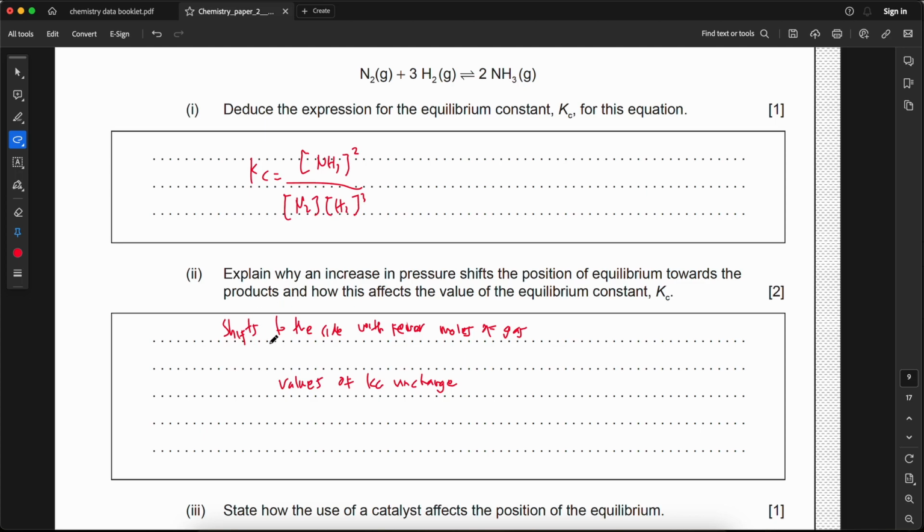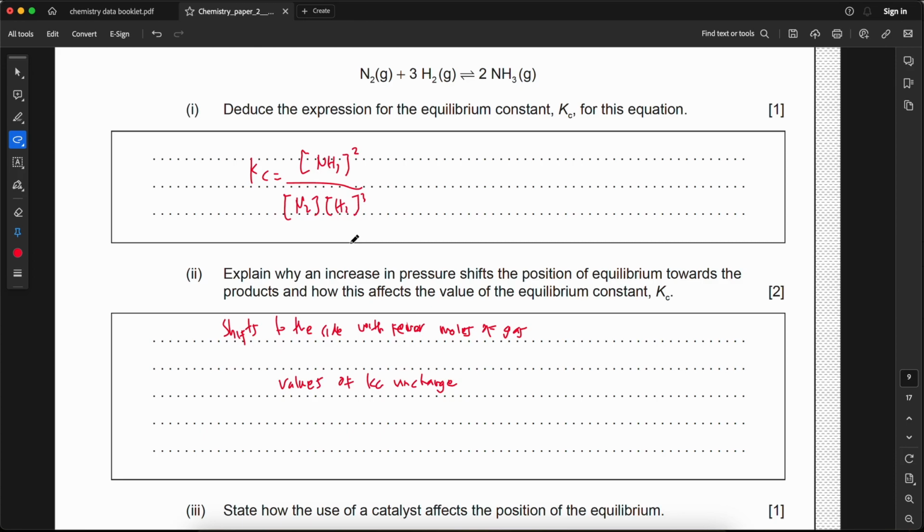And why does it shift to the fewer moles of gas? That would be if you increase the pressure. If you decrease the pressure, it will shift to the side with more moles of gas, and pressure is inversely proportional to volume. If you increase the volume, it would shift to the side with higher moles of gas.